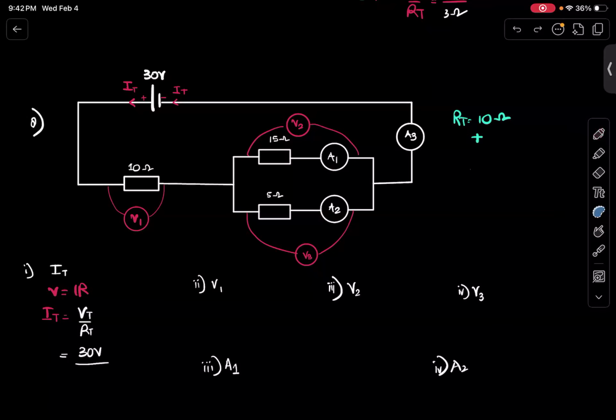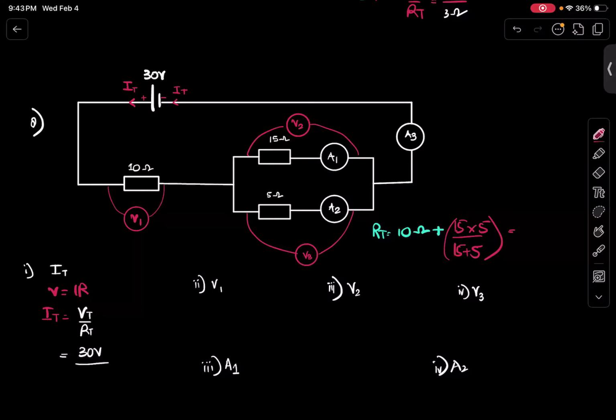It's going to be product over sum. Just use the shortcut over here because it's easy. So 10 plus, you can just plug this directly in your calculator, 15 times 5 over 15 plus 5. Make sure to use brackets so that they don't get added directly. 10 plus 15 times 5 over 15 plus 5.